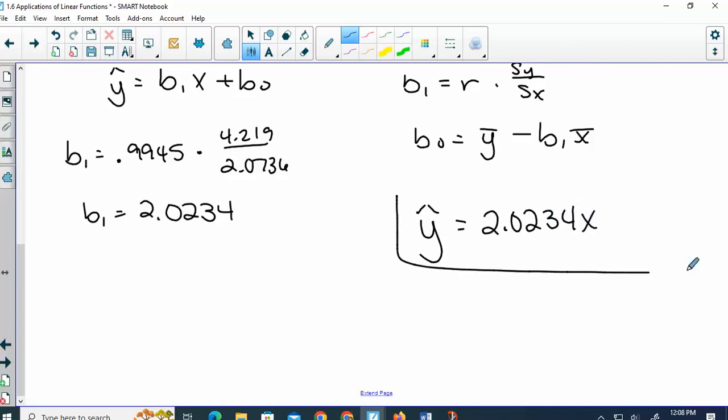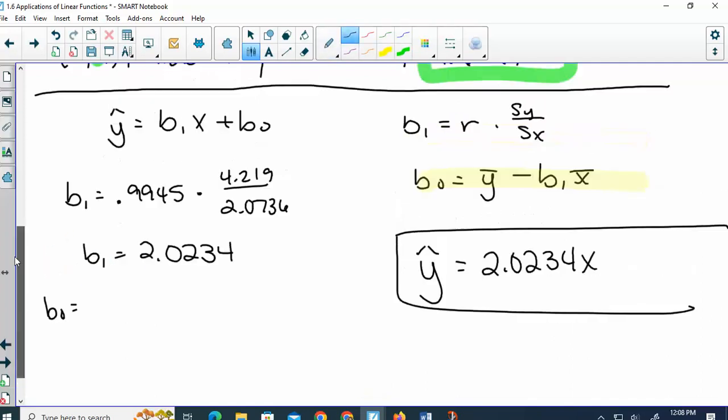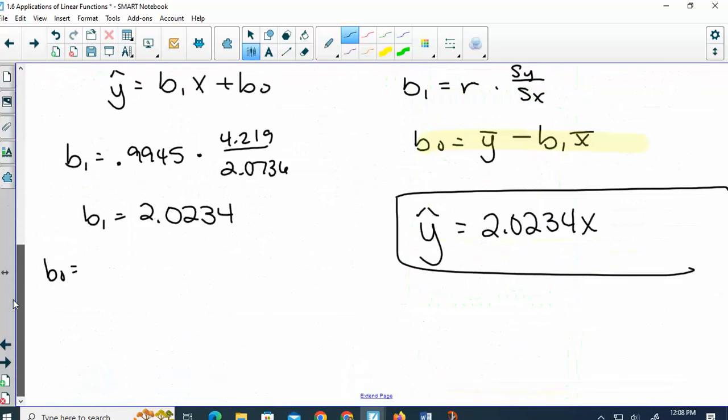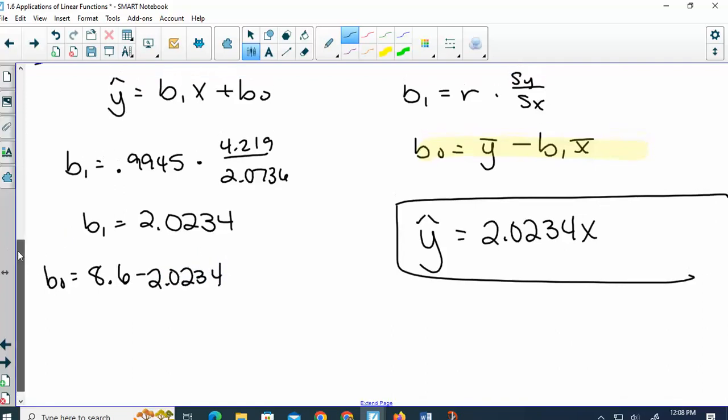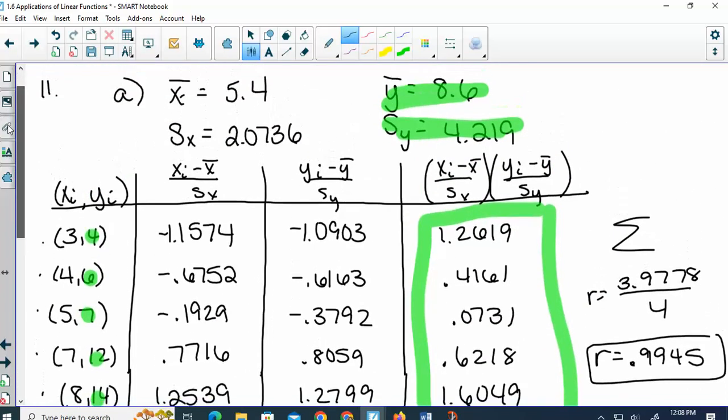Then I need my y-intercept. So, we go here. The y-intercept is the mean of y, which was 8.6, minus the number we just got, times the mean of x, which was 5.4.